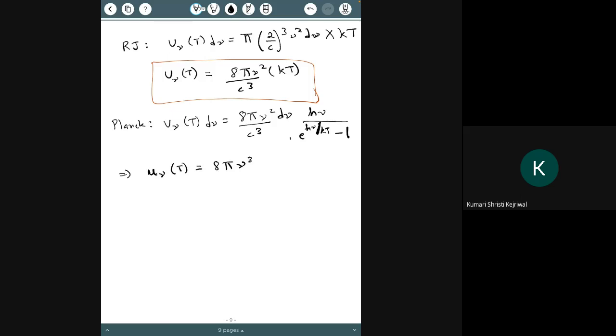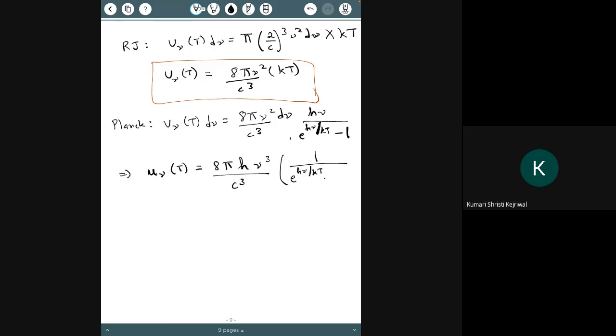I can shift the h; it looks nicer if I put all the constants together. Nu cube by c cube, and you have a factor.